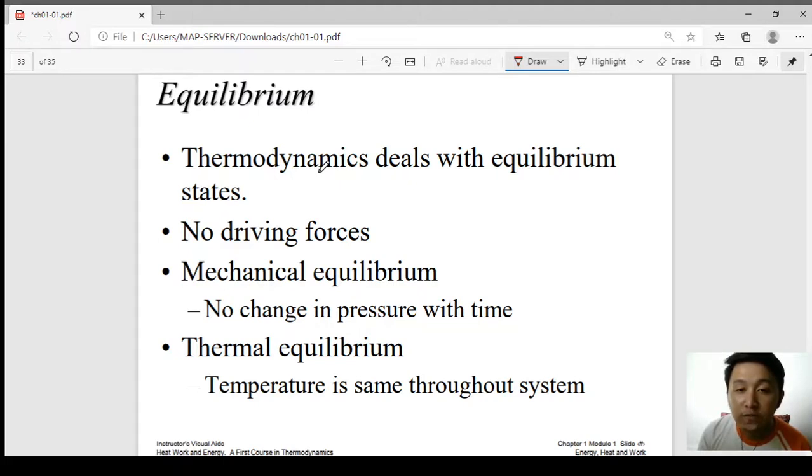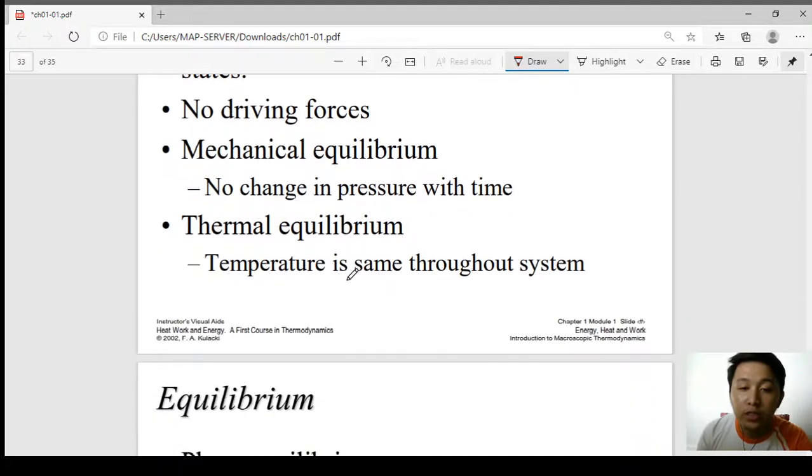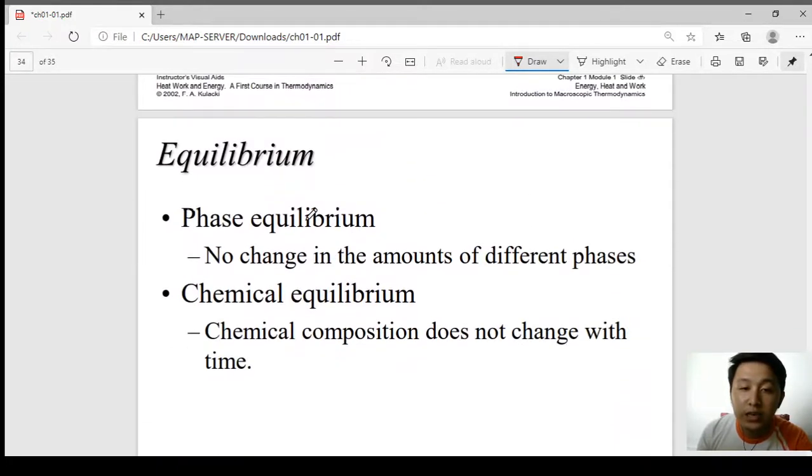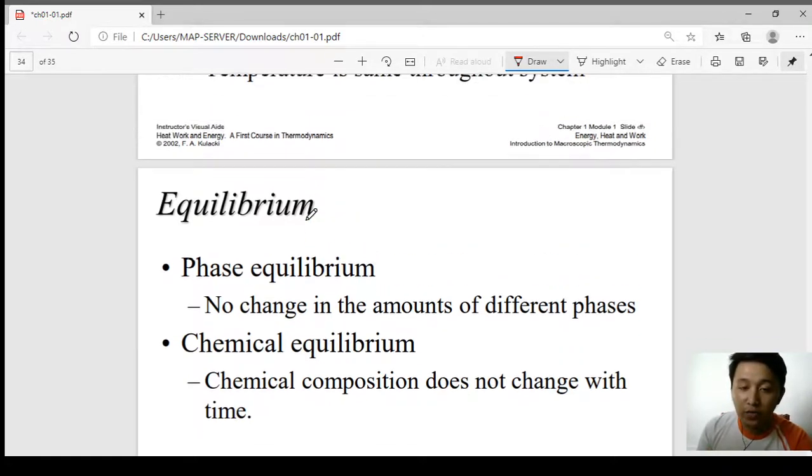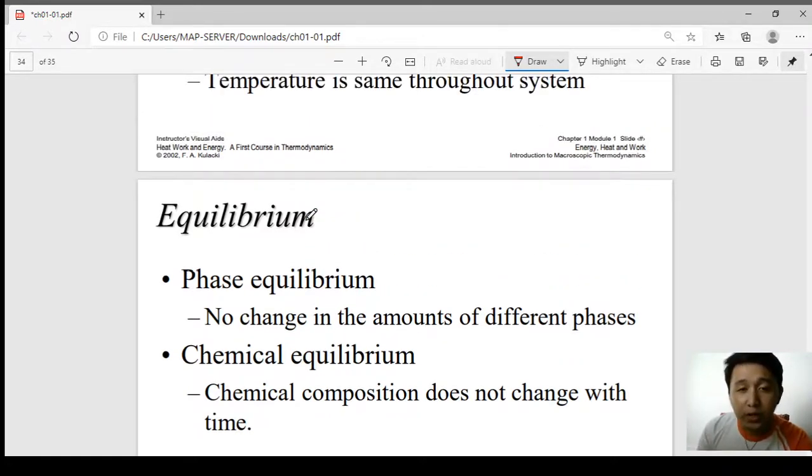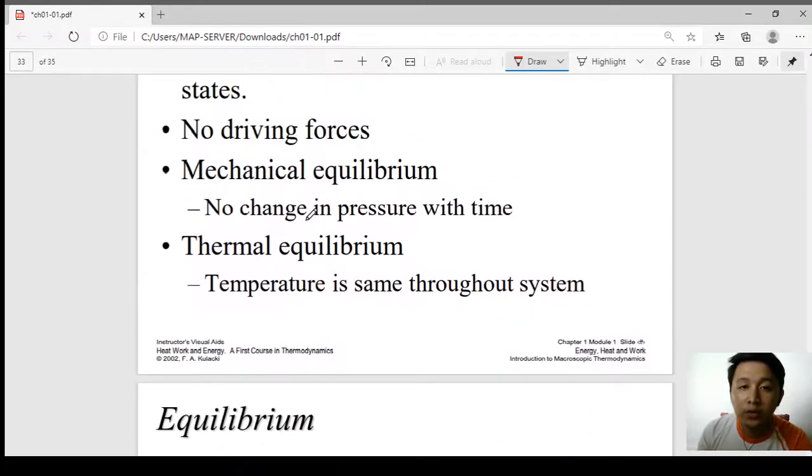For a system to have thermodynamic equilibrium, four types of equilibrium must be satisfied: mechanical equilibrium, thermal equilibrium, phase equilibrium, and chemical equilibrium. All four must be satisfied. If even one is not satisfied, there is no thermodynamic equilibrium.